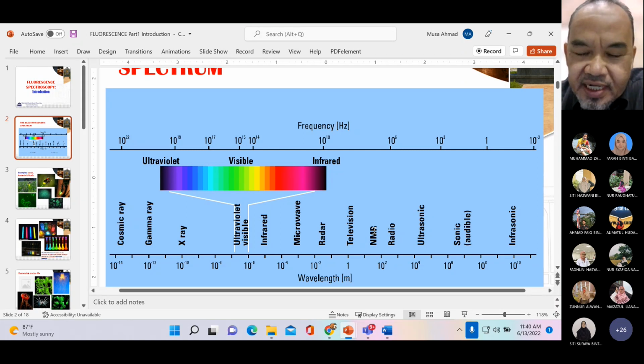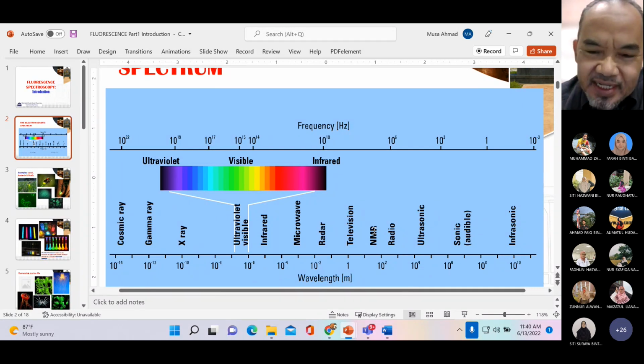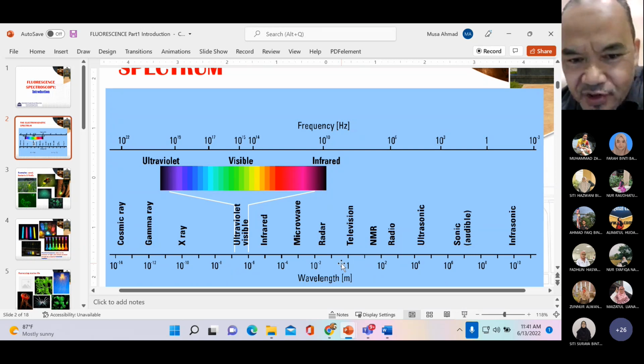And I think when we discuss about UV visible spectroscopy, the topic that already passed, we just finished discussing about this. Actually, we are talking about the EMR, the electromagnetic radiation. Ini EMR bawah ni, ini semua EMR ni. We mean from cosmic ray, gamma ray, X-ray, and so on.